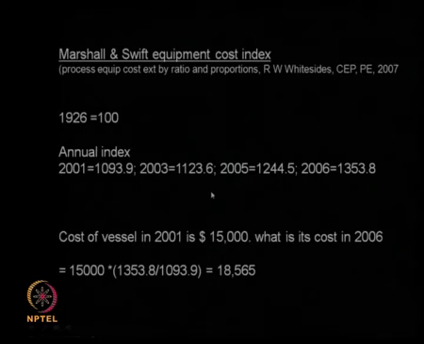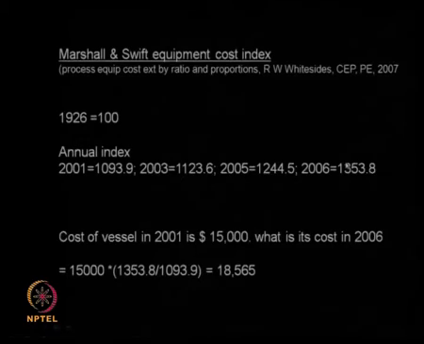Okay, look at this example. Suppose I have some idea about the cost of a vessel in the year 2001, it was $15,000. Now somebody is asking you what will be the approximate cost of that in 2006. What do you do? You go to some chemical process industry data sheet or database, get the M&S equipment cost index for 2001, which is 1093, and for 2006 it is 1353.